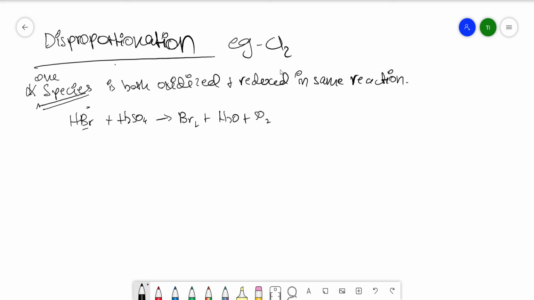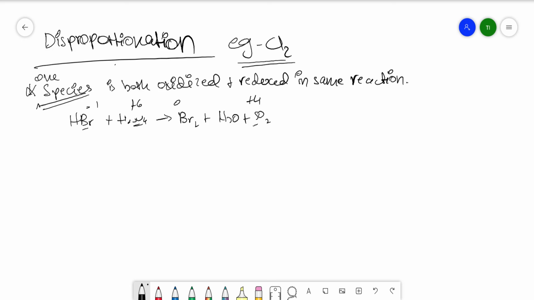In this case, Br minus becomes 0, so it gets oxidized, whereas sulfur gets reduced, from plus 6 to plus 4. So you see that oxidation and reduction is happening to different species, but for disproportionation, it happens to one and the same species. So the example is using chlorine.